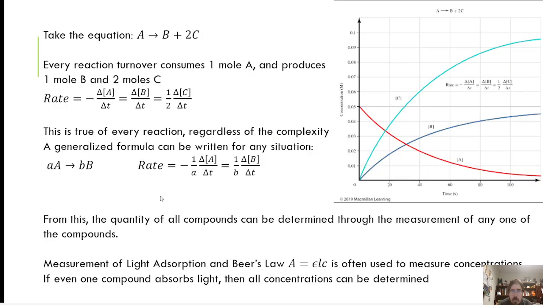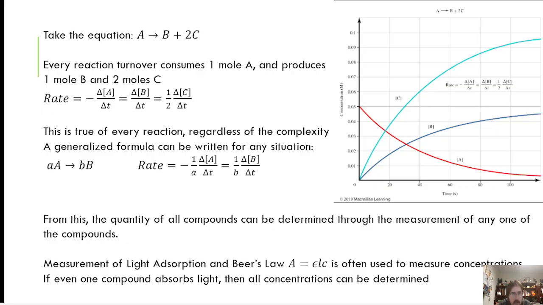Now take a new equation. A breaks apart into 1B and 2 molecules of C. So A decreases at the same rate that B increases. But C increases twice as fast as B increases because it produces 2 molecules of C. So if I compare the relative rates, A is the negative of B. One is a positive slope, one is a negative slope.